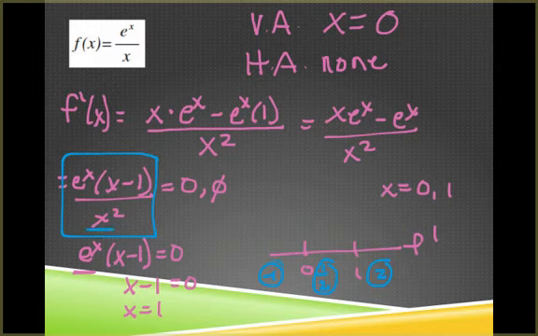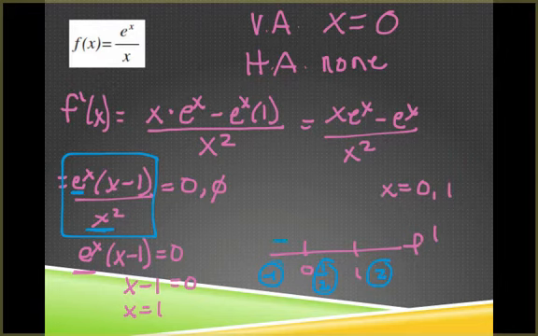X squared on the bottom is always going to be positive no matter what value I substitute in. E to the x on the top is always going to be positive. E to any power is always a positive answer. So really all I have to focus on is the x minus 1. So if I put in -1, -1 minus 1 would be a negative number, and everything else in that problem was positive, so I'm going to have a negative value.